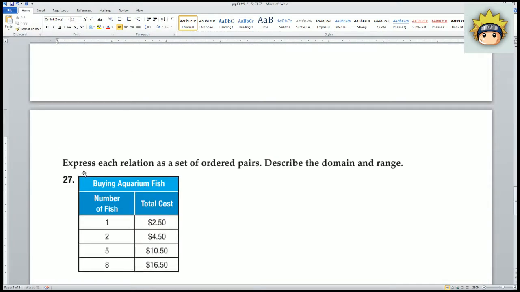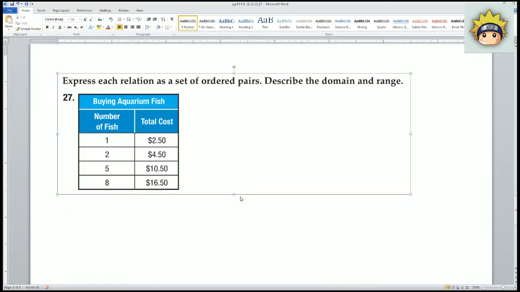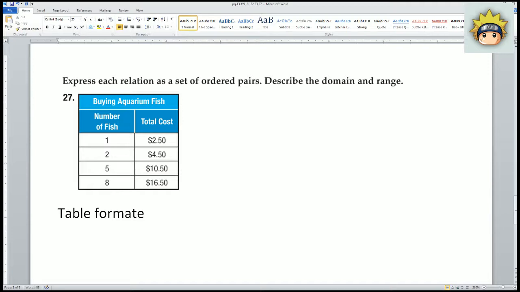The last one is number 27. Express each relation as a set of ordered pairs. Describe the domain and range. Looking at this, hopefully you understand that this is in table format. From the table format, we could already generate some ordered pairs. Remember that the first column is your x-axis, and the second column is its corresponding y value. So the first one is 1 for the x, and the corresponding is the dollar amount of 2.5, so that's $2.50.